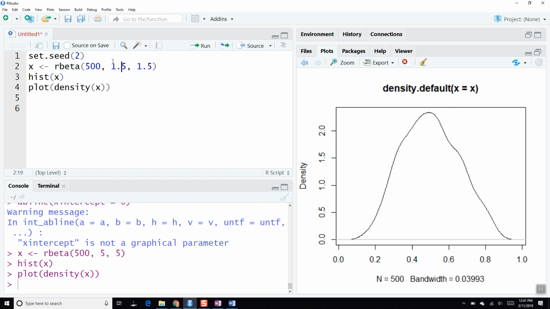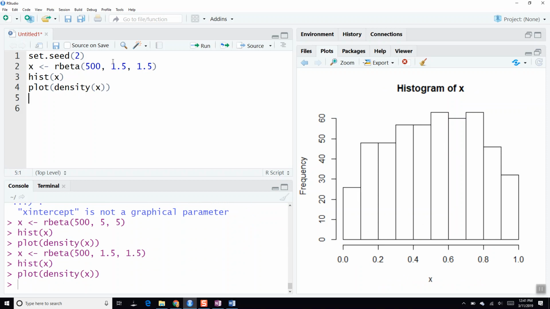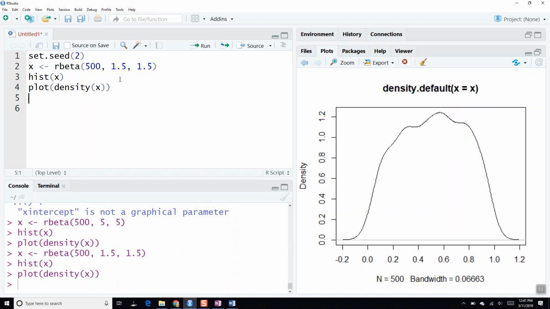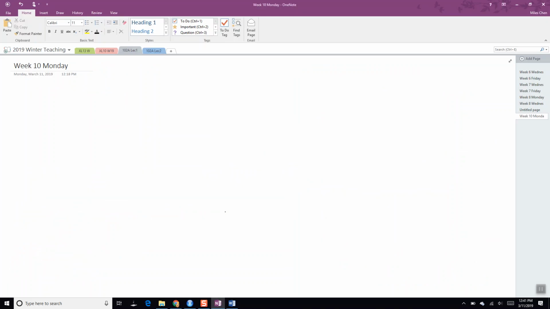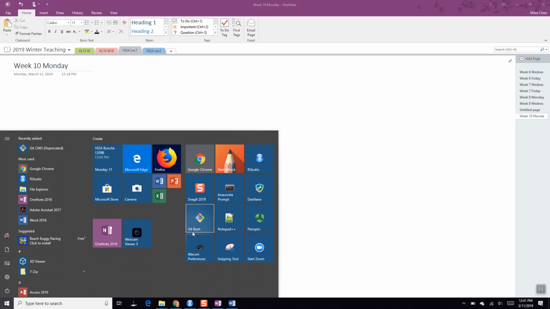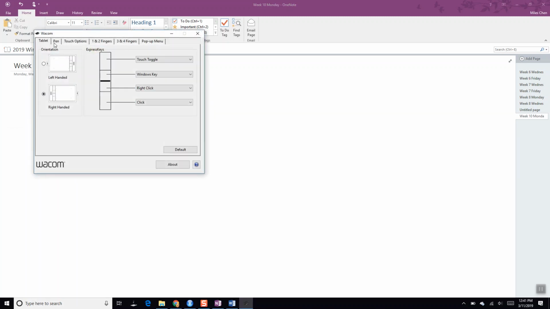If I do something like 1.5, 1.5, it looks like this, and it goes beyond the domains 0 and 1. Okay, but it's kind of trying to smooth out and give you something that looks kind of like a probability distribution plot.